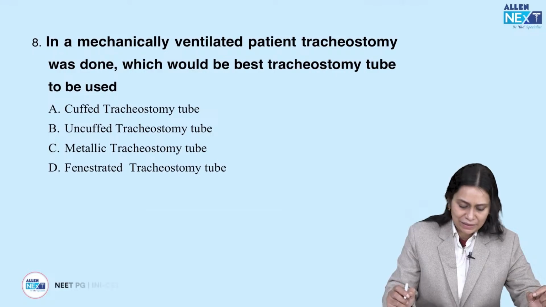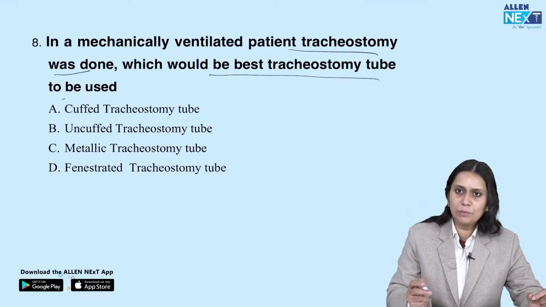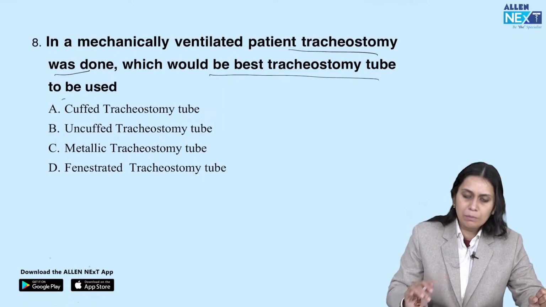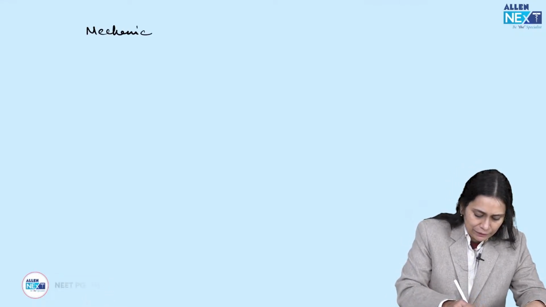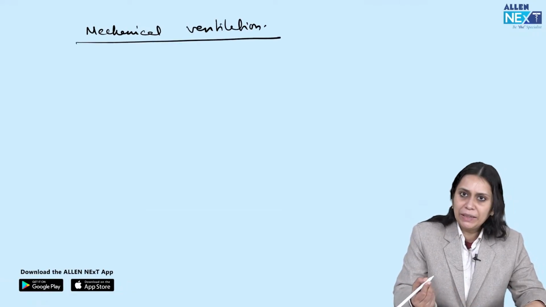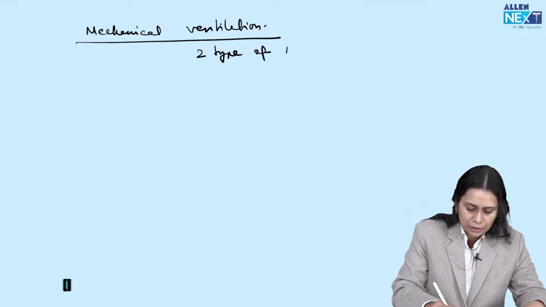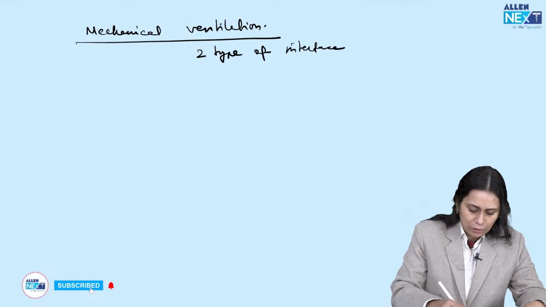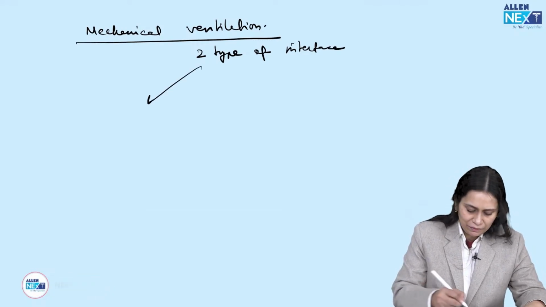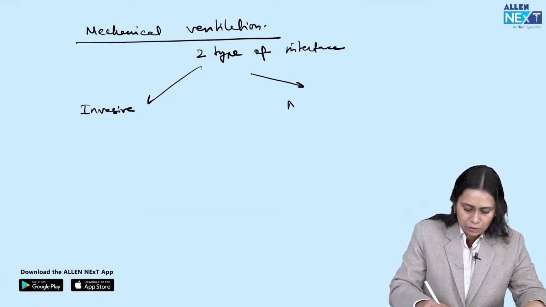Now next question. In a mechanically ventilated patient, tracheostomy was done. Which would be the best tracheostomy tube to be used? Remember, when we have to put the patient on mechanical ventilation, there are two types of interface. One is invasive, and the other is non-invasive.